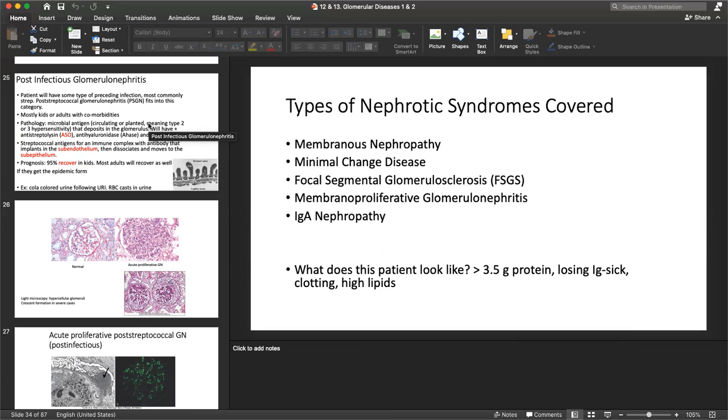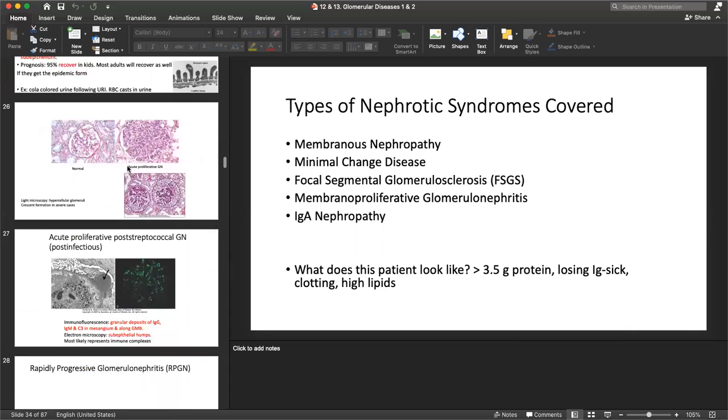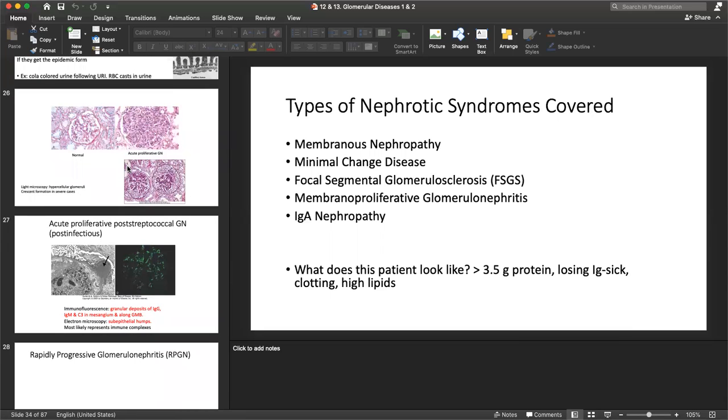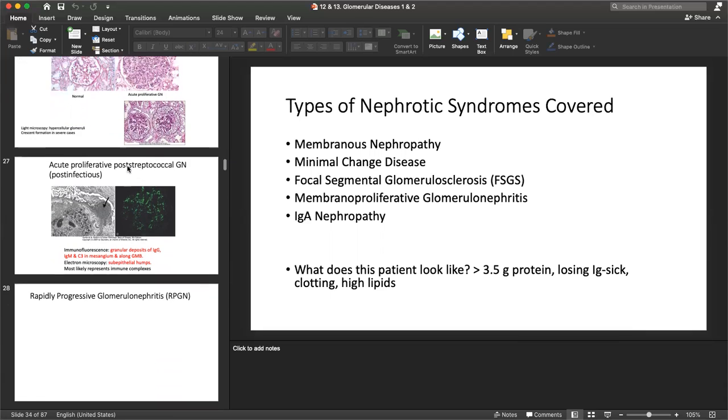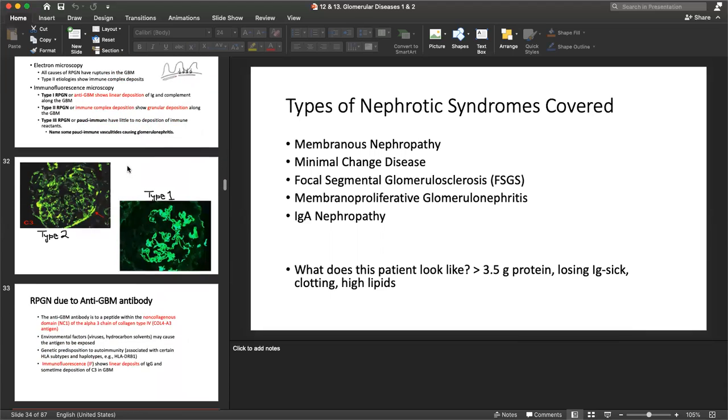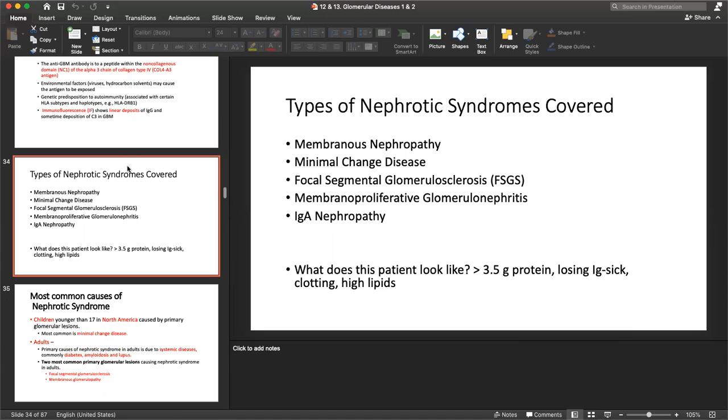We would have subepithelial humps on EM, it's granular, and on light microscopy, it's hypercellular, really pink. Okay, that's the review.